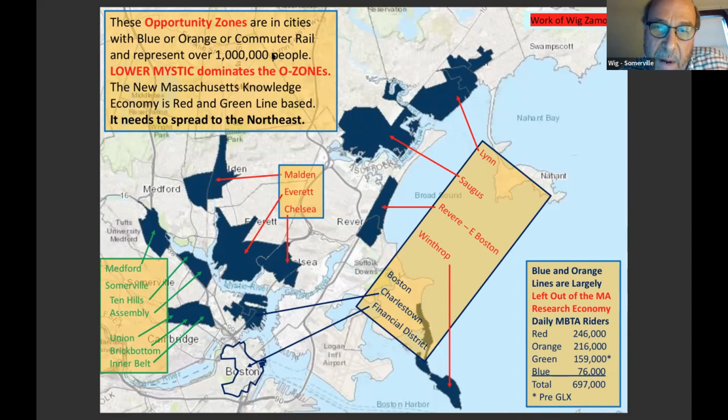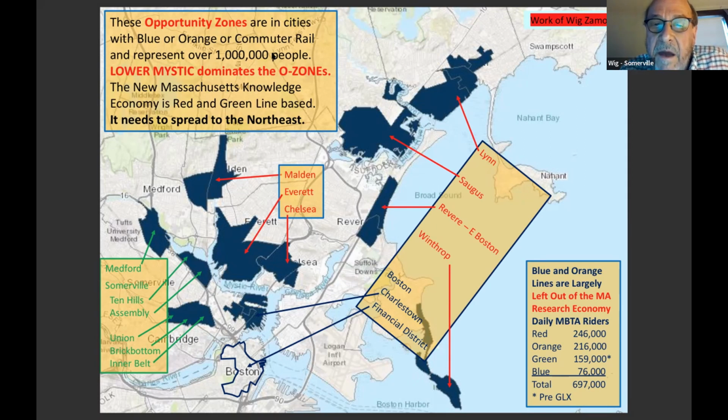I've popped into these off and on for a few years, but there's an extraordinary amount of acreage, some of it in Charlestown and some of it in Cambridge and Somerville and Medford, but most of it is northeast of the Mystic, the communities that have largely been left out of the modern economy.